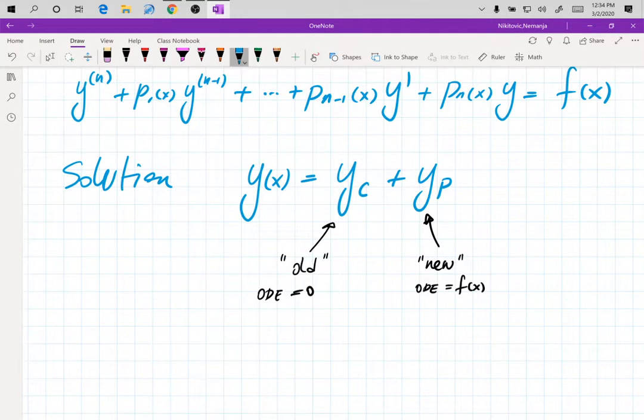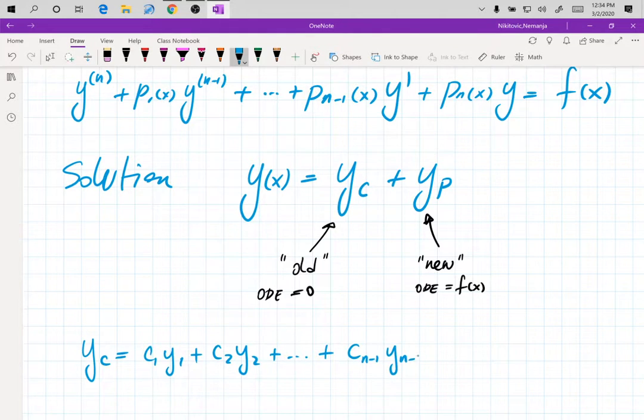So this yc is your old solution, c1 y1 plus c2 y2 plus dot dot dot c(n-1) y(n-1) plus cn yn. That's what I said the old one is.